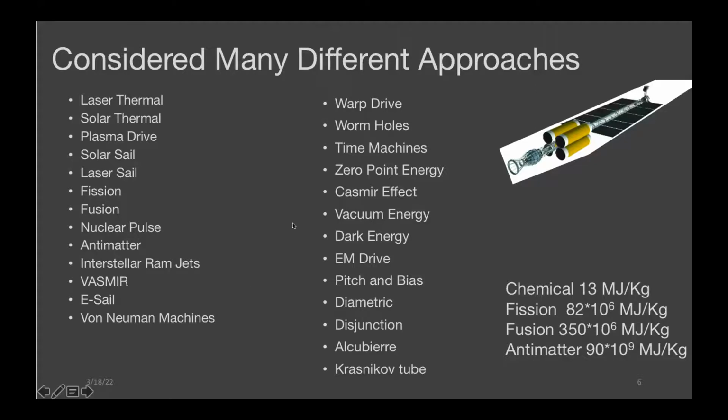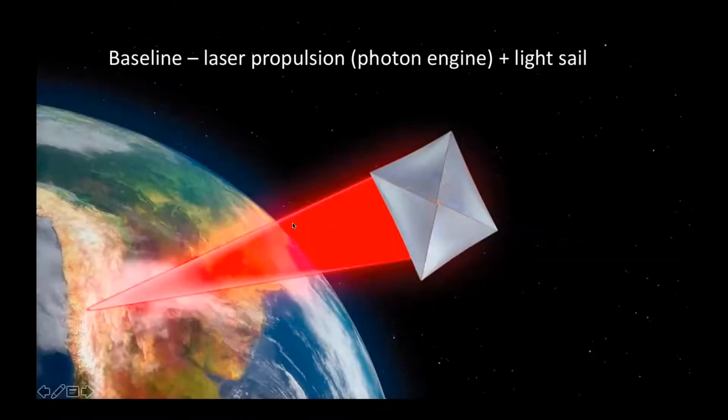But basically, what was settled on as the baseline was laser propulsion, a high-powered laser. Originally, one idea was to put the laser on the surface of the moon to avoid atmospheric losses, but that was considered a little too ambitious since we've never actually built anything on the moon yet. So the baseline currently is to build the laser on the surface of the Earth.